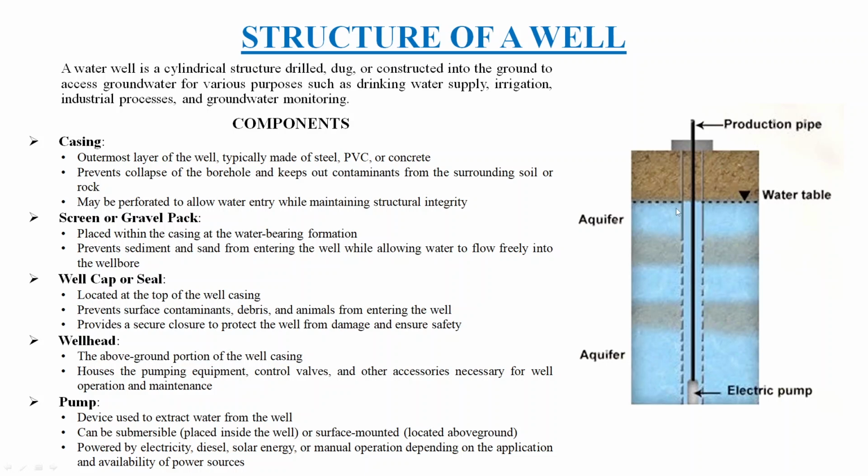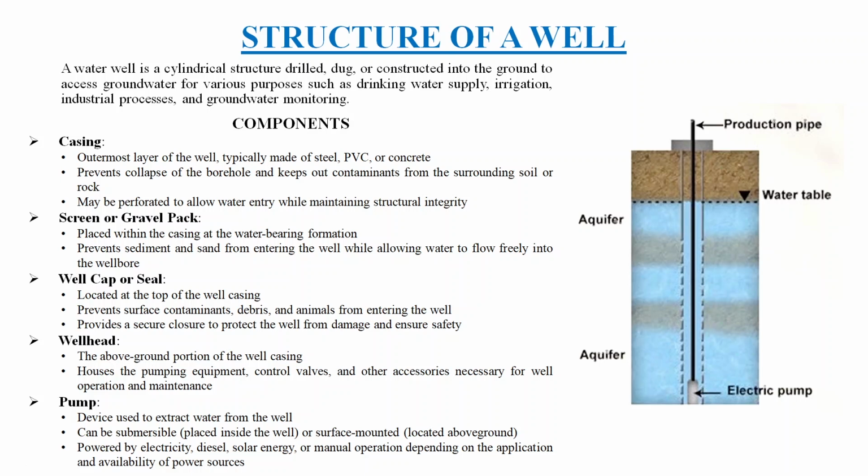I will not go into the very detail of the components, but as the structure shows, if there is an aquifer, you dig a well like this, and you put a pump at the bottom of your well. Due to this pump, you can easily discharge the water out of the well that you dug.